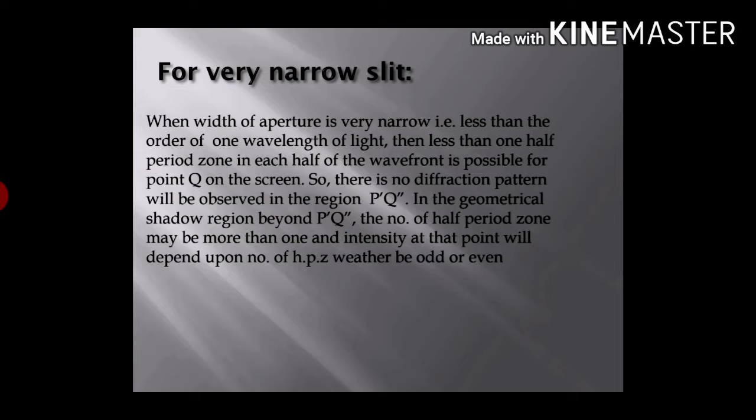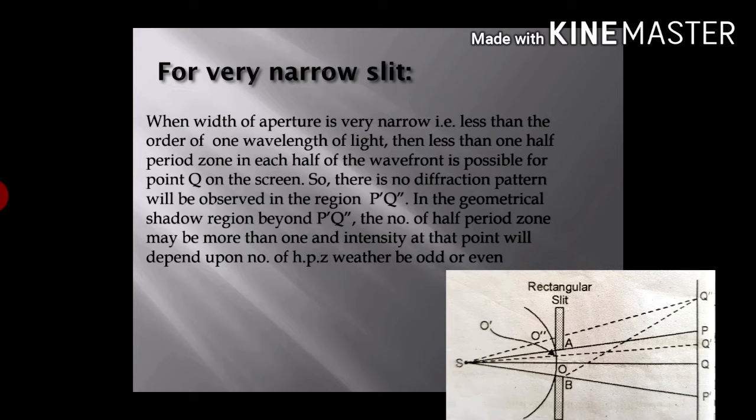Here we are talking about the amplitude, where the aperture width is such that less than one half period zone may be constructed. Then of course there is no diffraction pattern in the region of P dash Q double dash. In the geometrical shadow region beyond P dash and Q double dash, there may be a number of half period zones, maybe more than one.